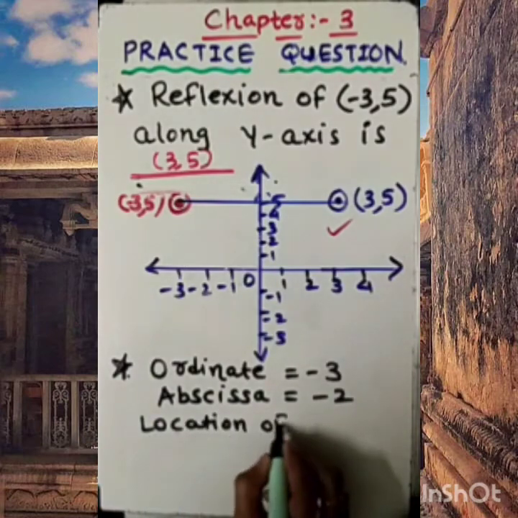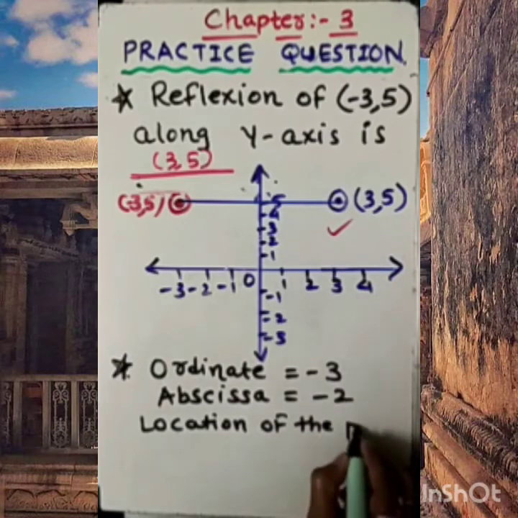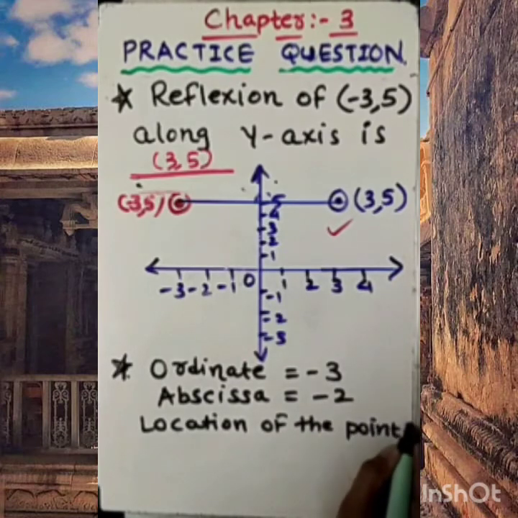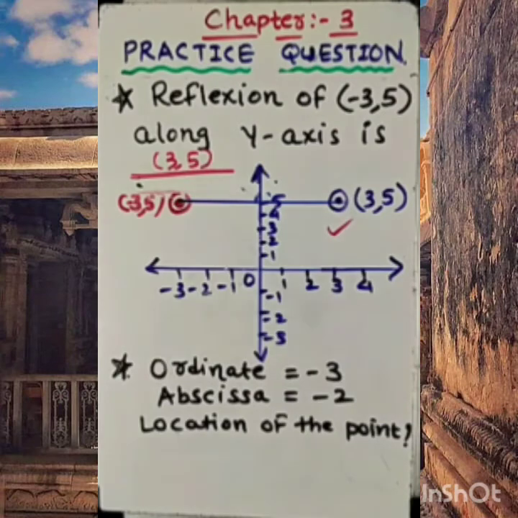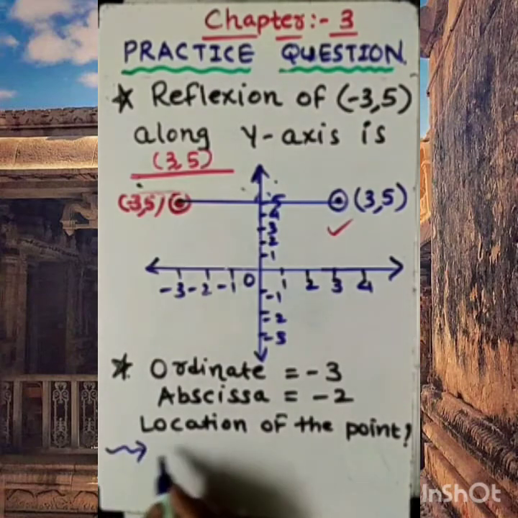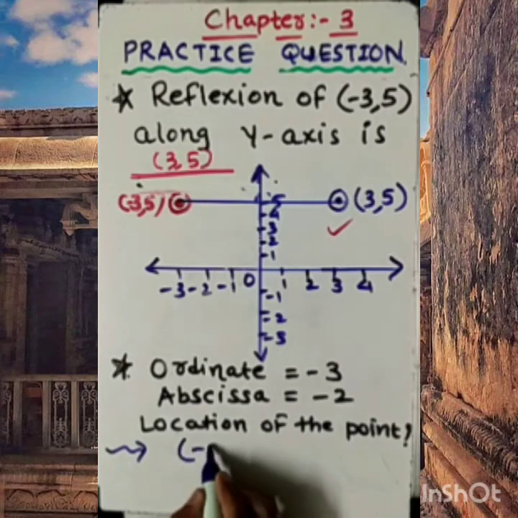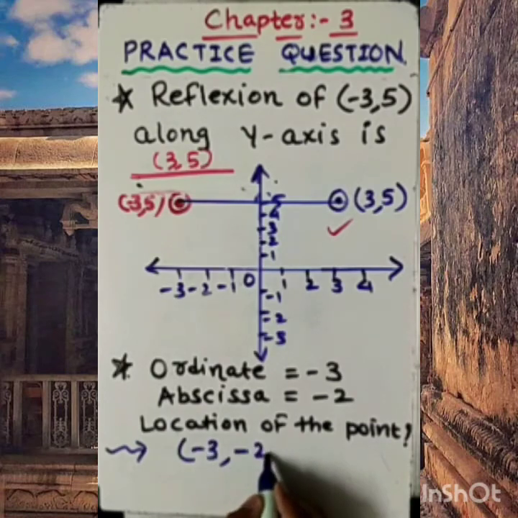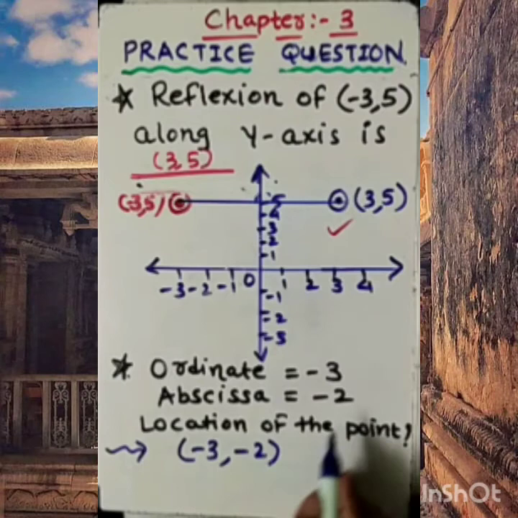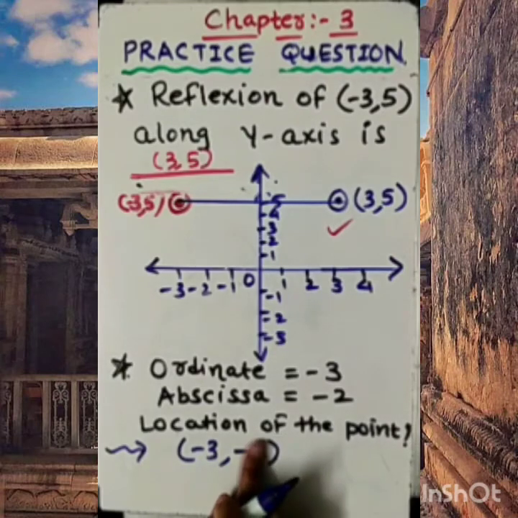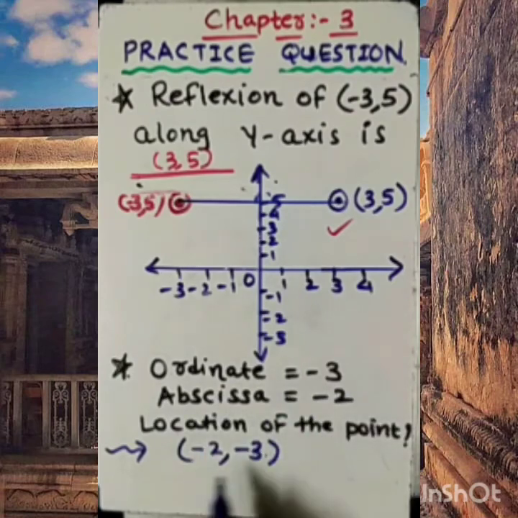Location of the point means in which quadrant it lies. Okay. Reason behind that, abscissa is minus 2, sorry, here I am correcting myself. Abscissa is minus 2 and ordinate is minus 3. The point is minus 2 comma minus 3.